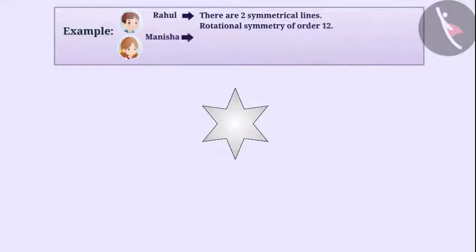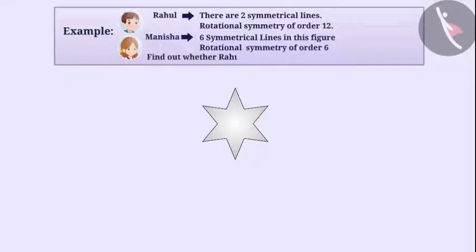Rahul believed that in this figure there are two symmetrical lines and rotational symmetry of order 12. But Manisha believed that there are 6 symmetrical lines in this figure and rotational symmetry of order 6. Find out whether Rahul's understanding is correct or Manisha's.